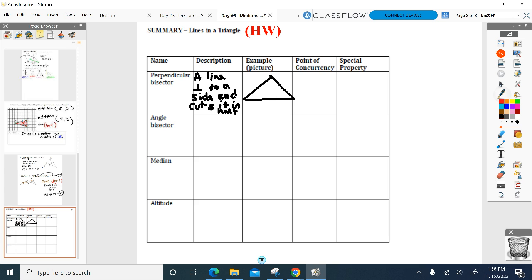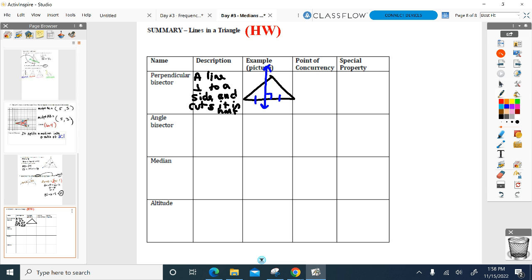And then you guys could have drawn anything that looks like that. Does it have to come from a vertice? Look, you got 4 terms up here. This is the only one that doesn't have to come from a vertice. It could, but doesn't have to. The other 3 have to come from a vertice. There's a good perpendicular bisector.